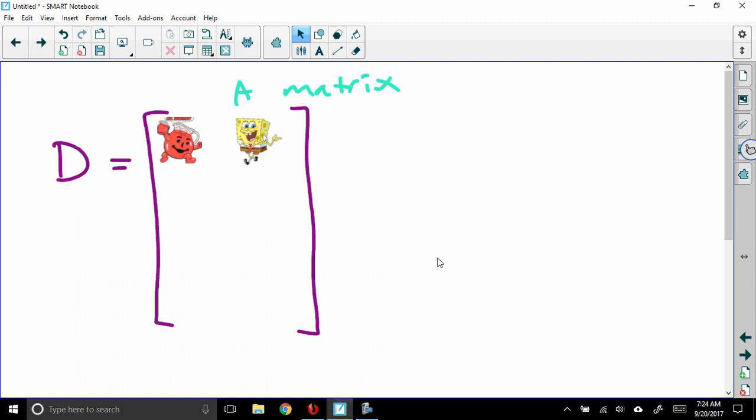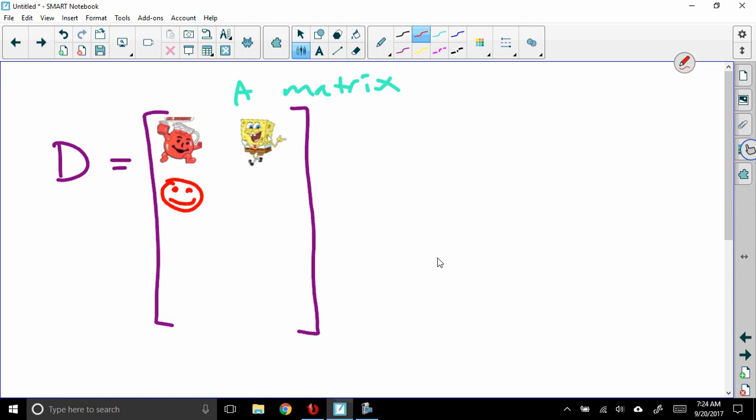All right. So we got Kool-Aid Man, we got SpongeBob, and maybe we want to put some character like an emoji, like a smiley face. Maybe we could put some kind of shape, like a square.